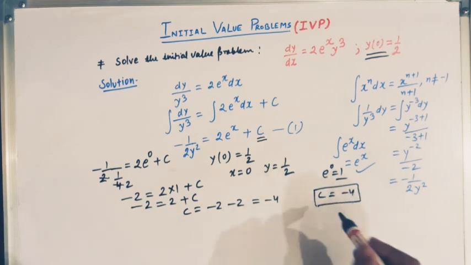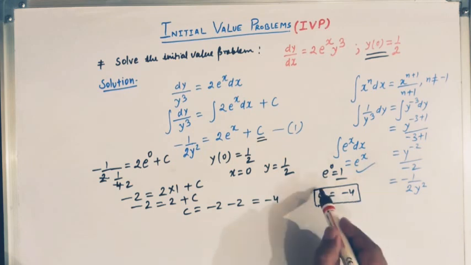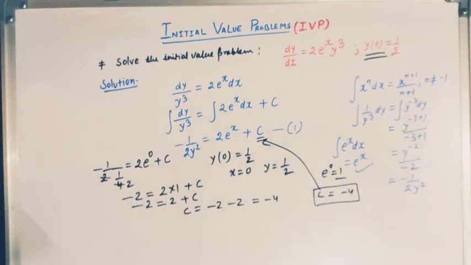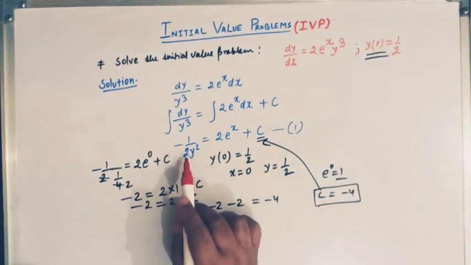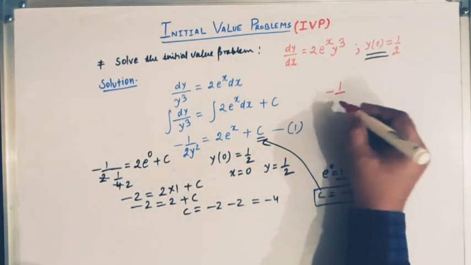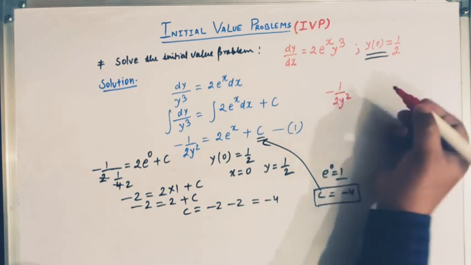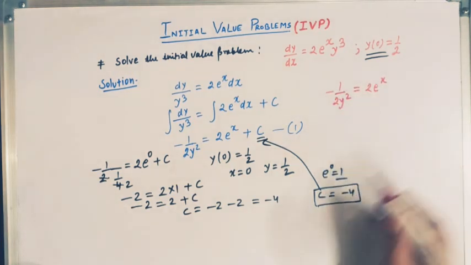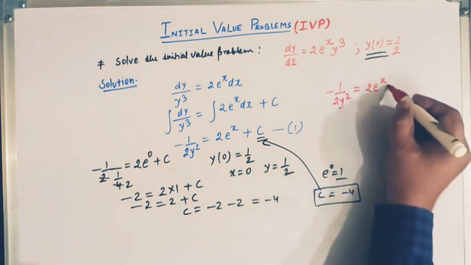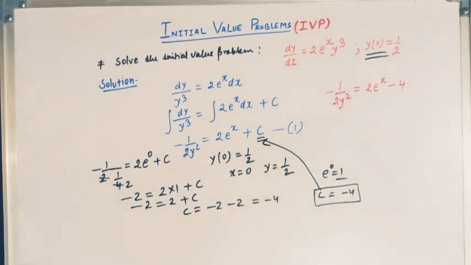Now let us substitute this value over here. So now we get the expression minus 1 over 2y square is equal to 2 times e raised to x, and for c we can write minus 4. Clear?